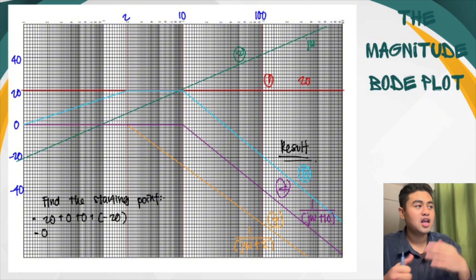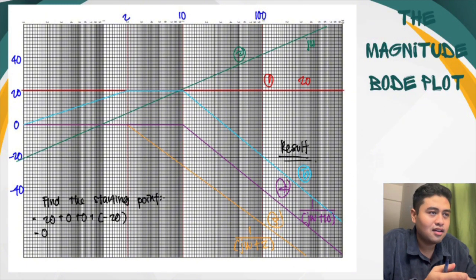So first, when you want to start the result, you need to find the starting point. How to find the starting point? You need to calculate all 4 graphs by looking at the x-axis, which means the first graph is starting at 20, the second graph is starting at negative 20, and the third and fourth graphs are starting at 0.